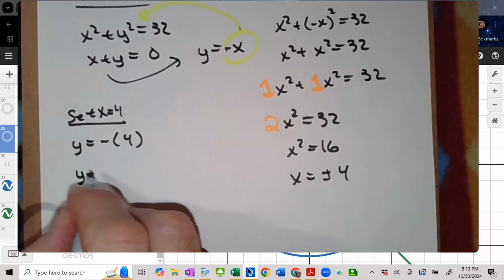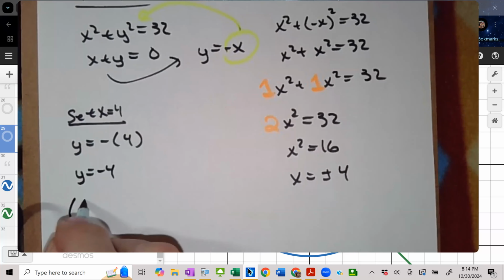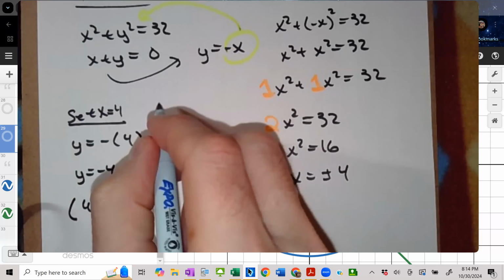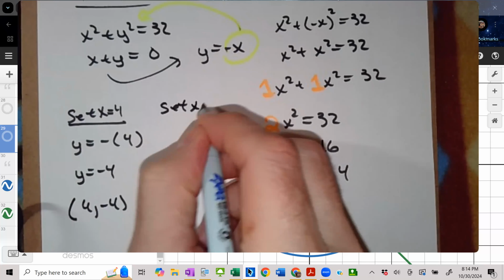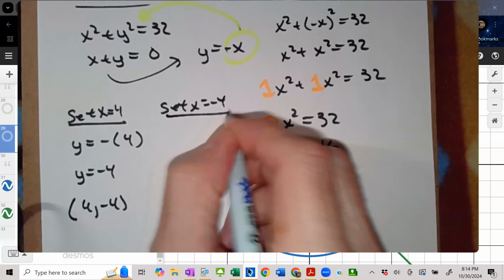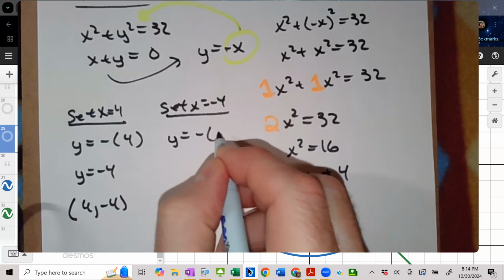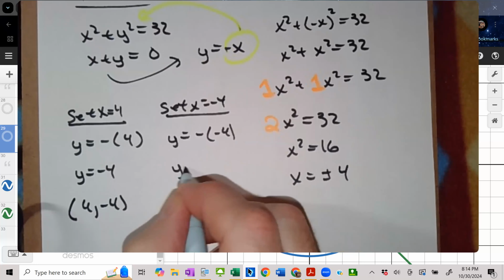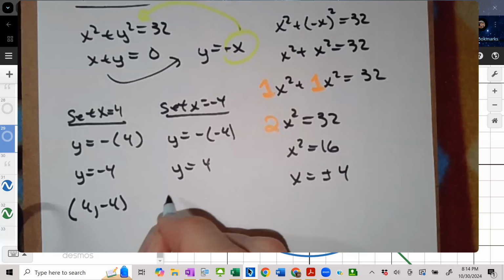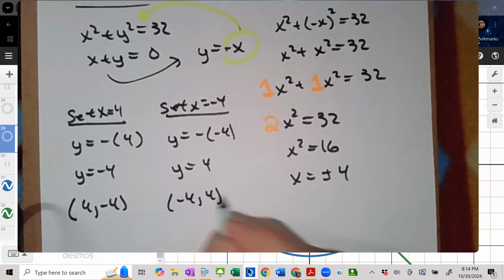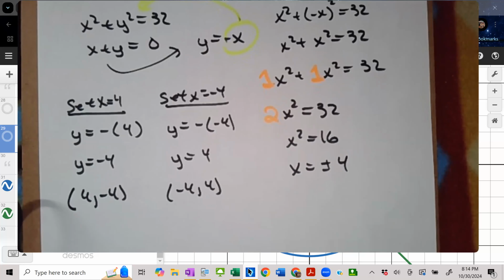So I get y equals negative 4. 4 and negative 4. When x is negative 4, again, I'll substitute in here. y equals negative of negative 4. y equals positive 4. So negative 4 and positive 4. And that's it. Those are my two solutions.